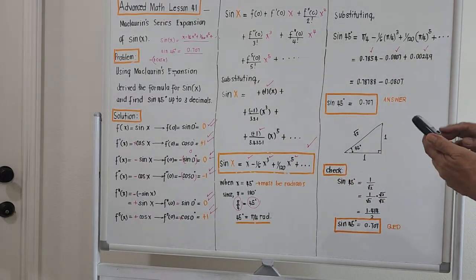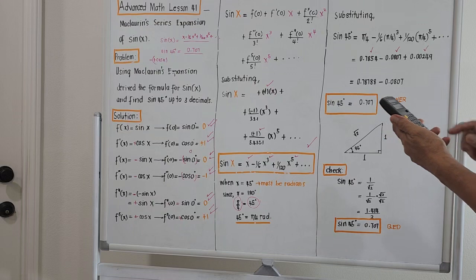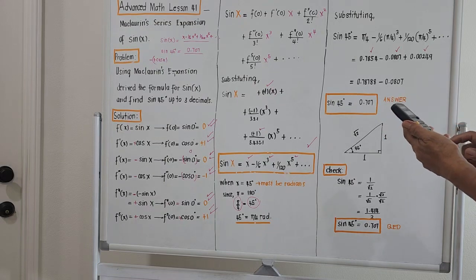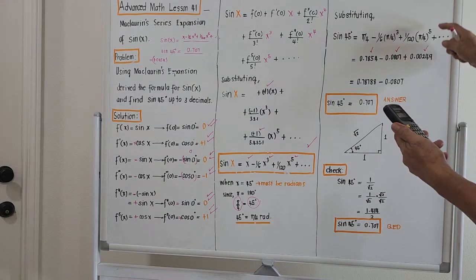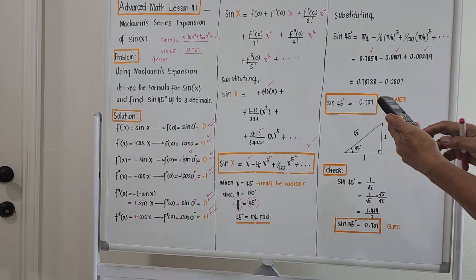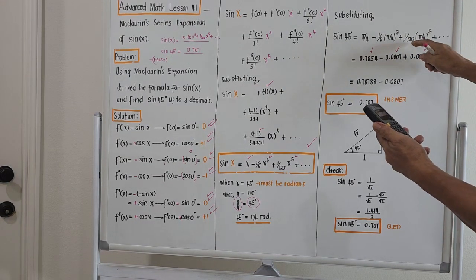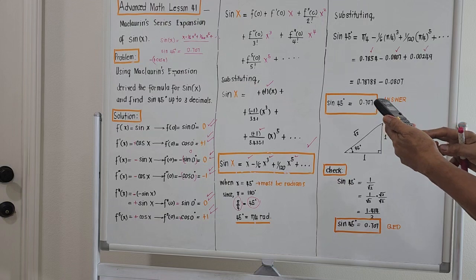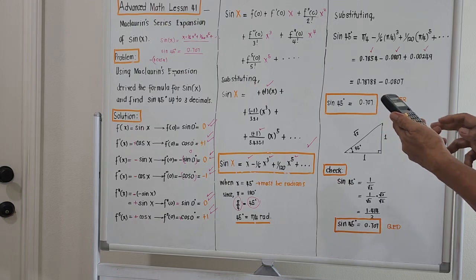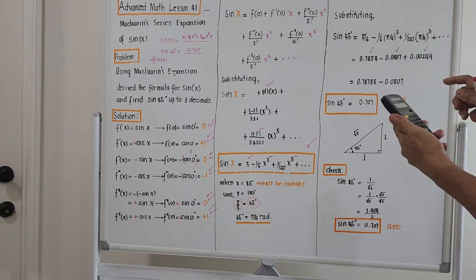For the next one, it's the same. You just display pi divided by 4 equals y to the x. It should be 5, right? To the fifth power equals, divided by 120. The value is 0.00249.